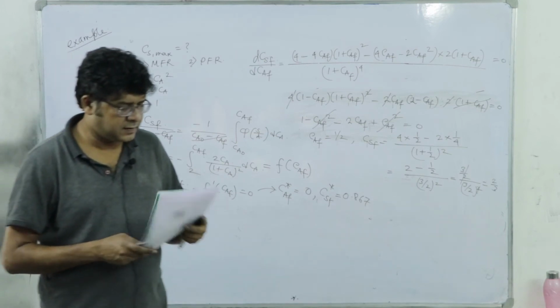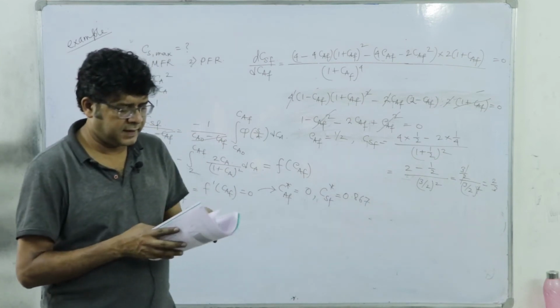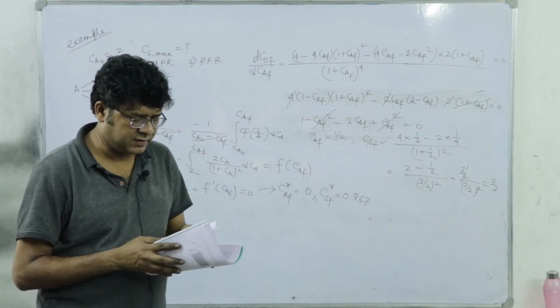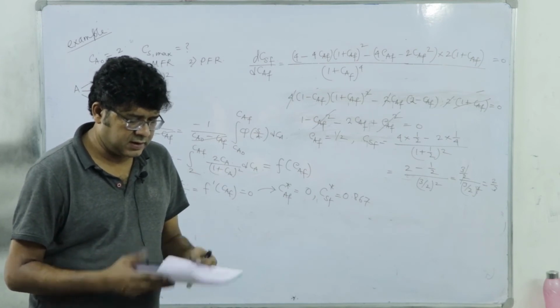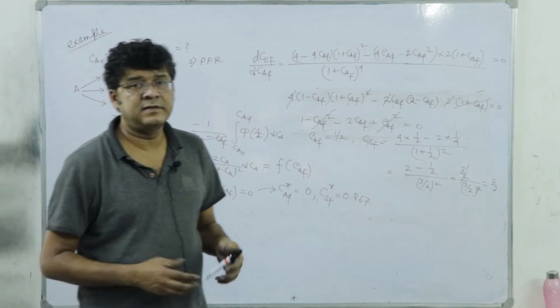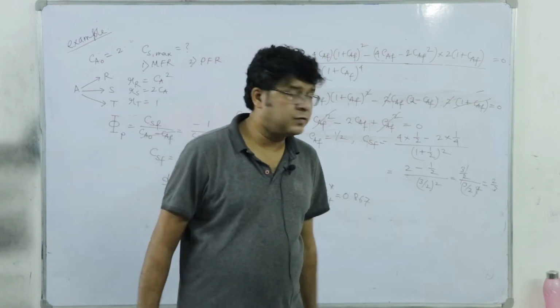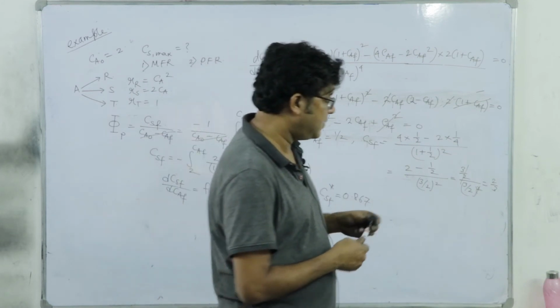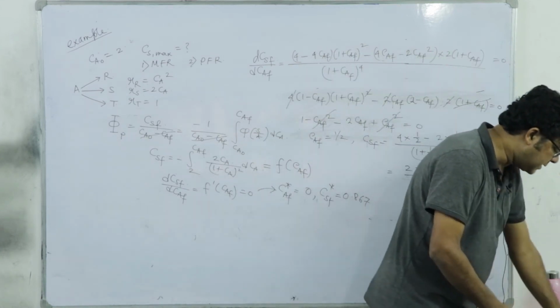So next we'll think of any possible multiple reaction, and our objective will be how to optimize the space time so as to maximize a specific product, the concentration of the specific product at the outlet.